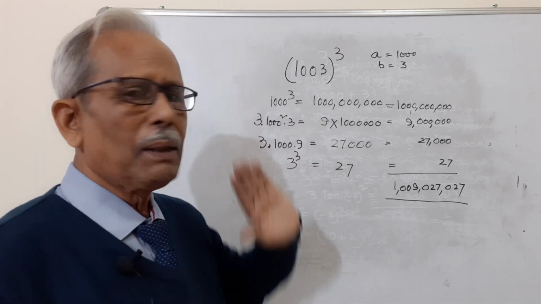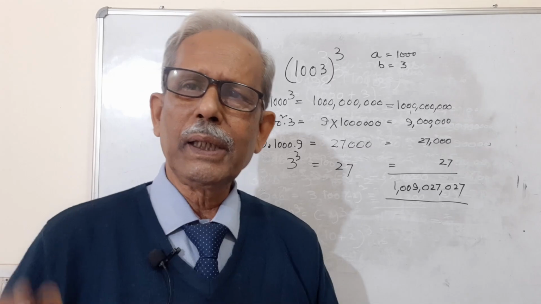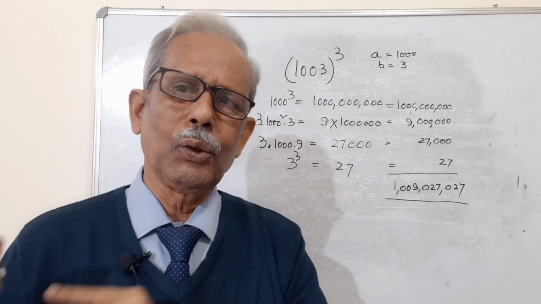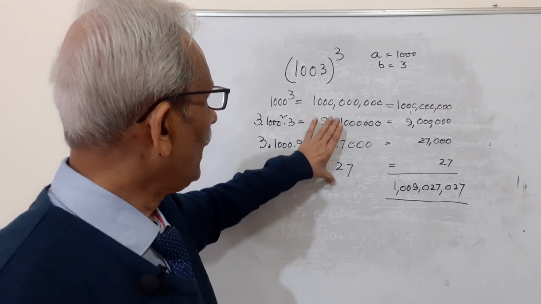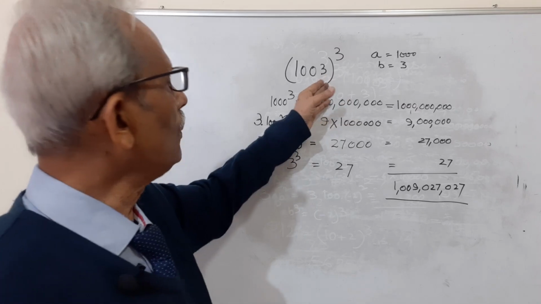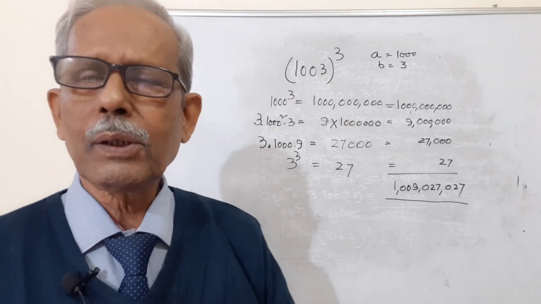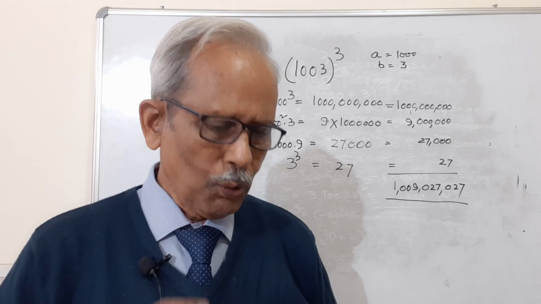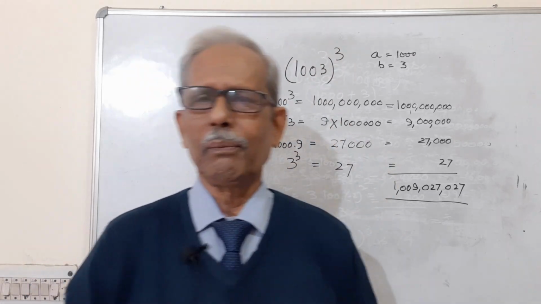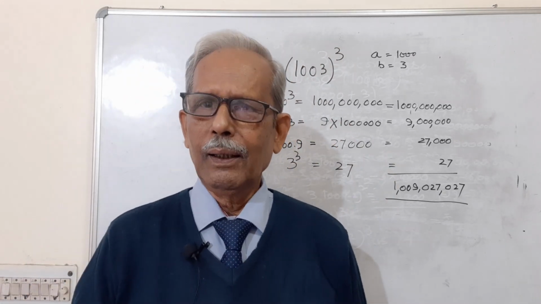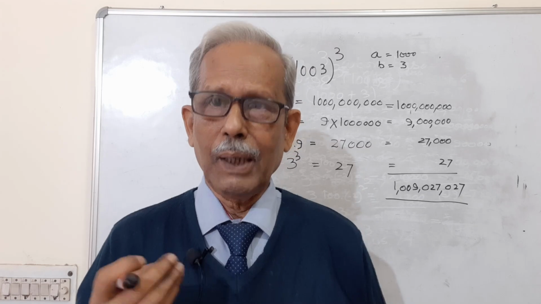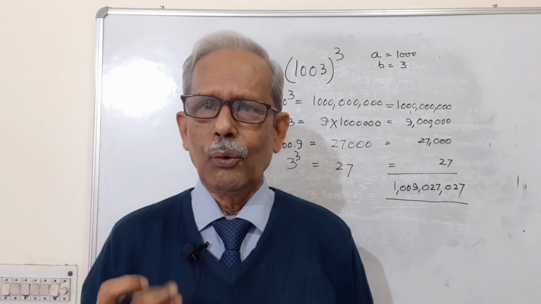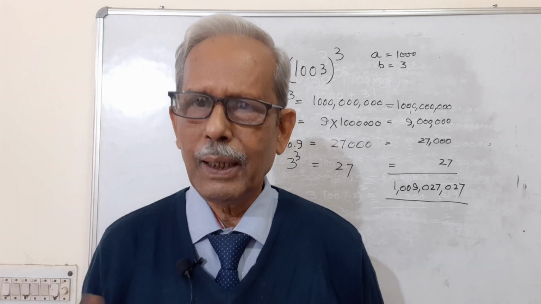By following a cube plus 3a square b plus 3ab square plus b cube, and writing these steps, you can easily find the cube of bigger numbers which are near base. So today you have found out the cube of numbers which are near base.